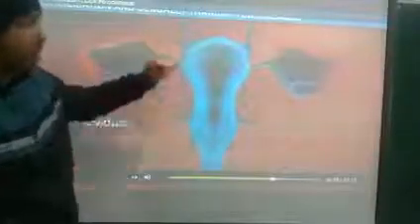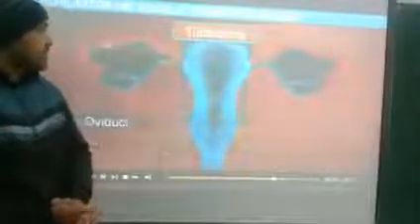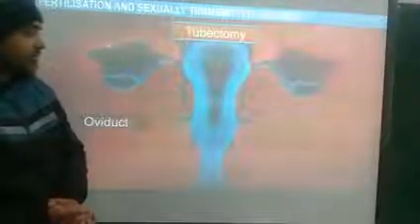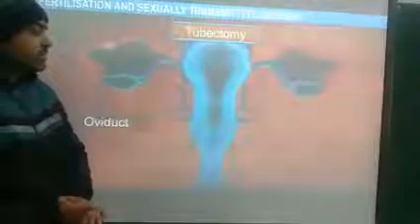See, this is the oviduct, also called the fallopian tube. Cutting off this fallopian tube is called tubectomy. That is done in the case of females, and the function is similar to the vasectomy. These methods have side effects too.